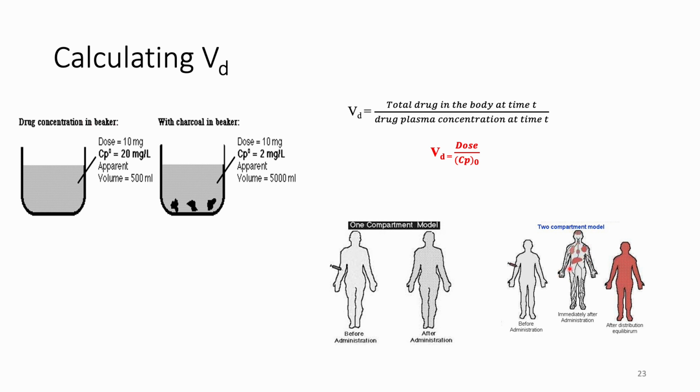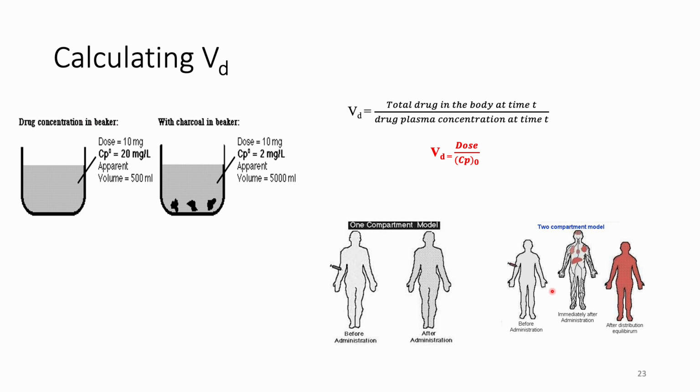So in this case, when you withdraw the blood and quantify the drug concentration, you don't see a lot, just a small amount immediately after you give the drug. If you calculate volume of distribution based on the dose, because CB0, the initial concentration, is low, the volume of distribution is very, very large.